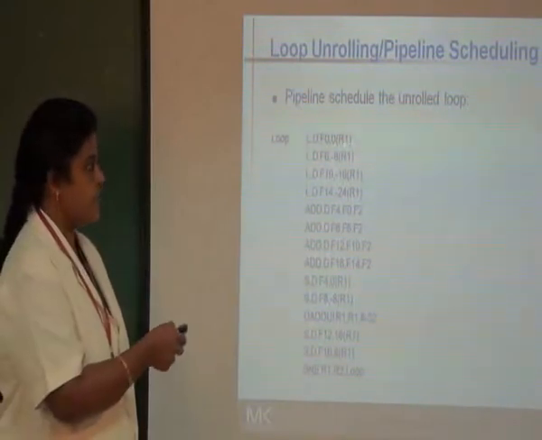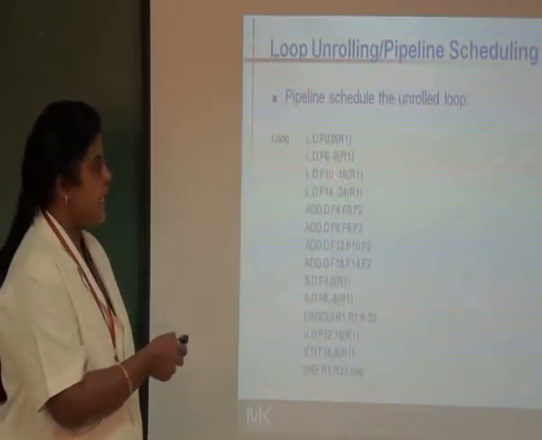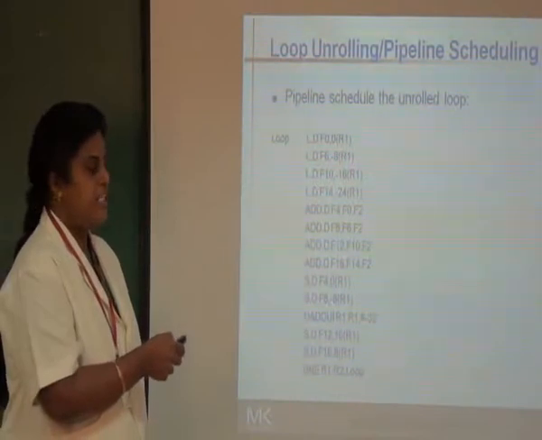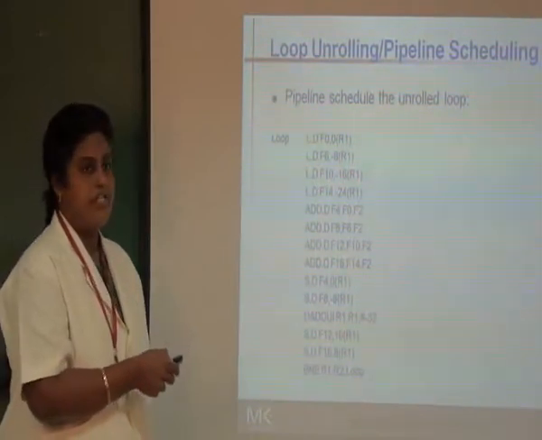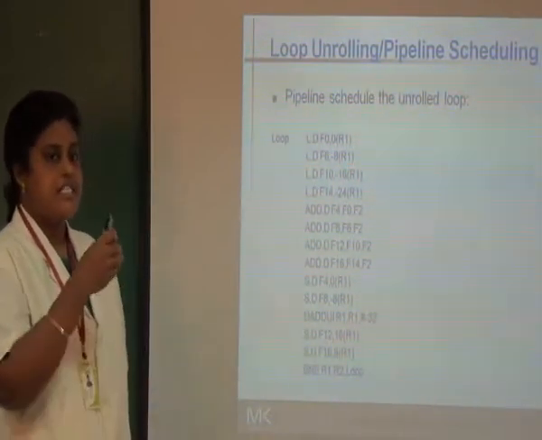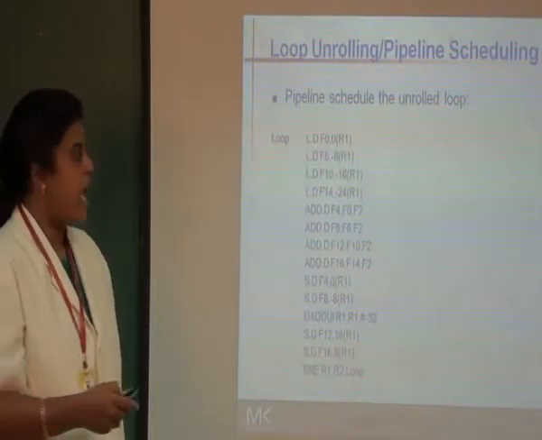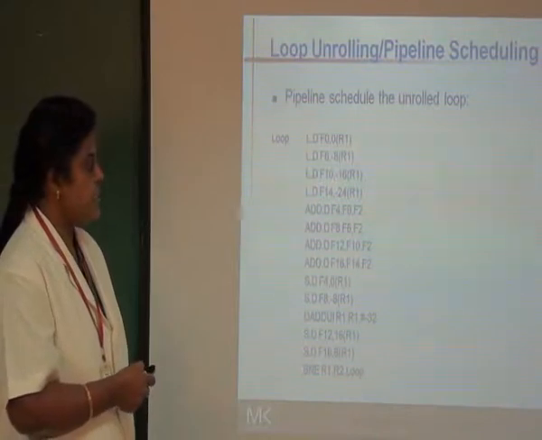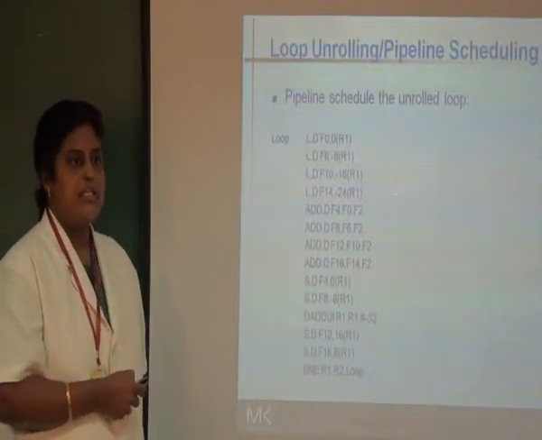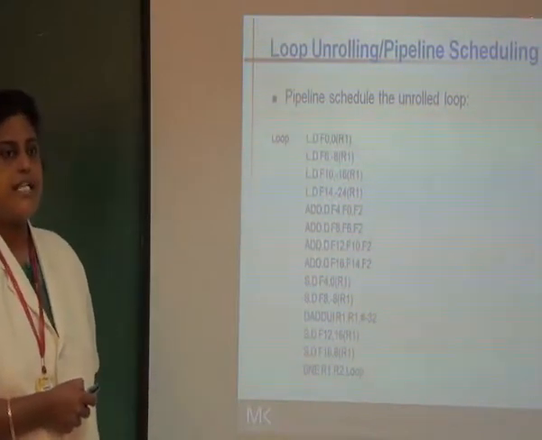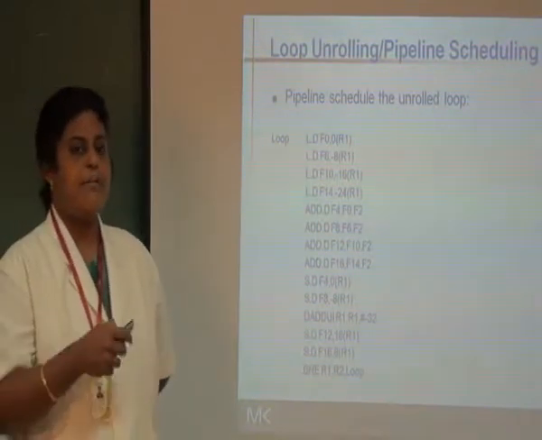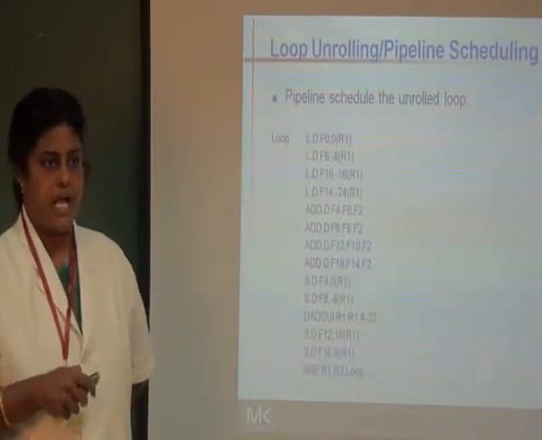And again, F10 is being loaded with the content of a memory location which is at a distance of 16 from the content pointed out by R1. And again, F14 is going to be loaded with data which is at a distance of 24 from the memory location pointed out by R1.